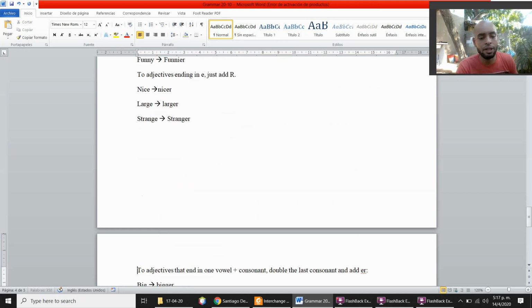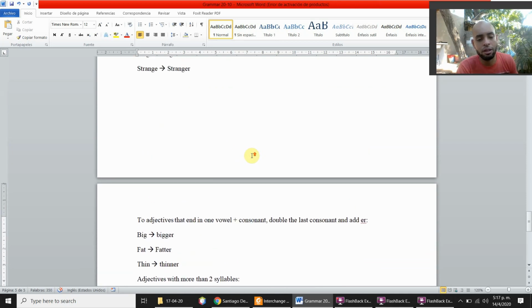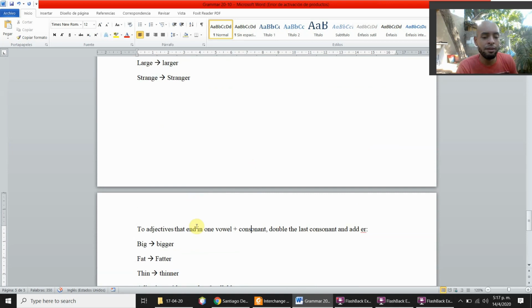Now adjectives that end in one vowel plus consonant. Double the last consonant and add ER.